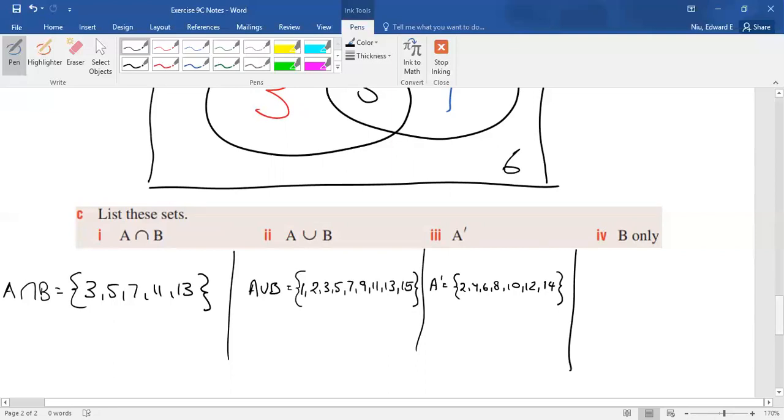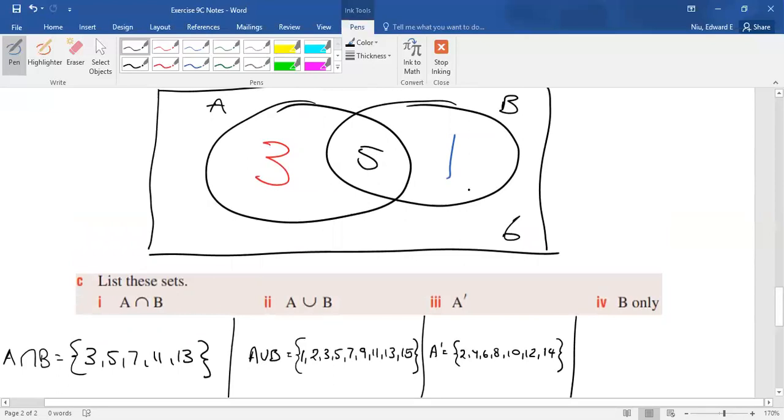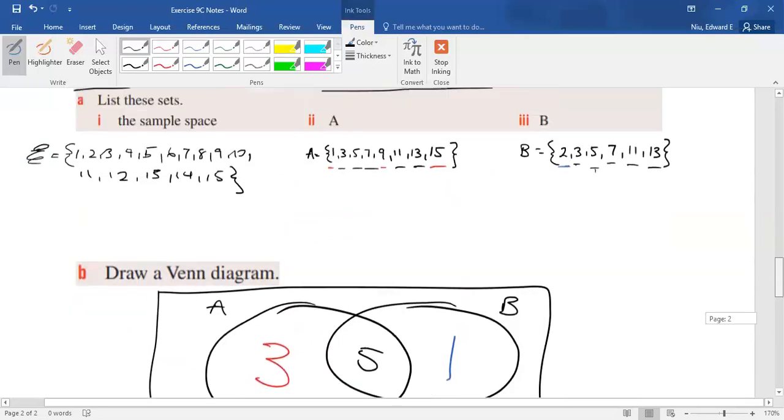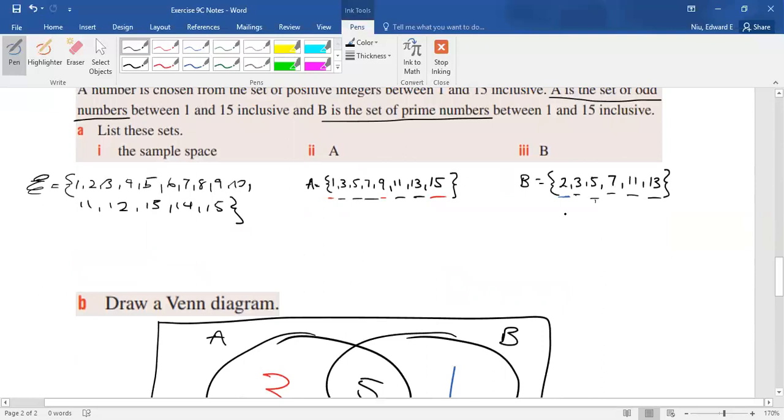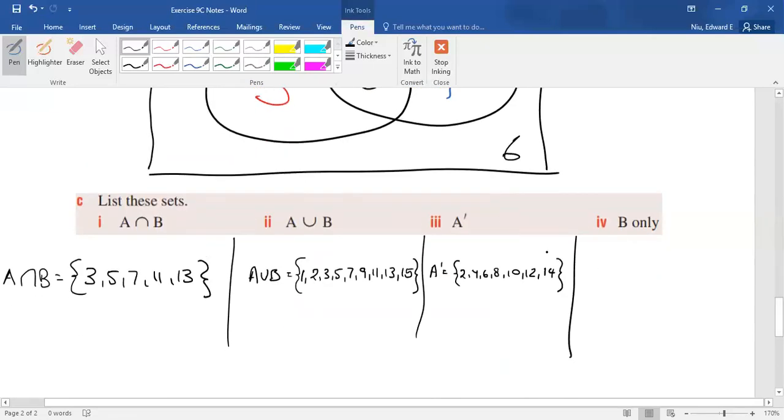And lastly, which numbers were in B only? In B only, we had just 1 number, which is the number 2, underlined in blue. So B only equals 2.